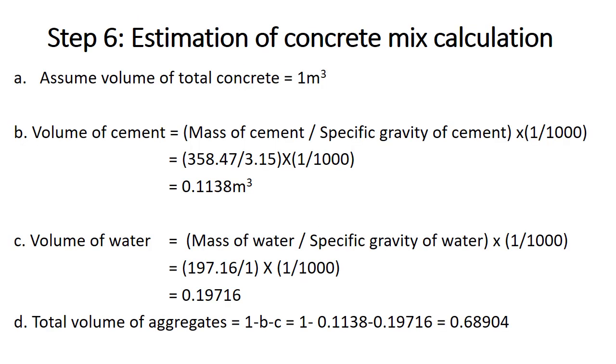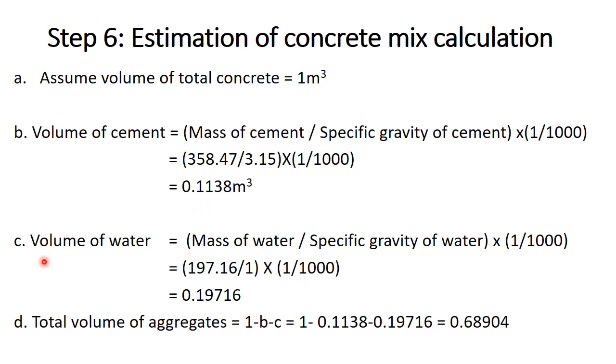Step number 6 is the estimation of concrete mix calculation. Assume the volume of total concrete is equal to 1 meter cube. The volume of cement is equal to mass of the cement by specific gravity of the cement into 1 by 1000. We already determined the mass of the cement as 358.47. Specific gravity of cement is 3.15, into 1 by 1000. So that will be equal to 0.1138 meter cube.